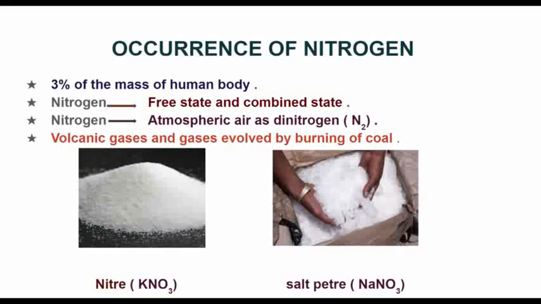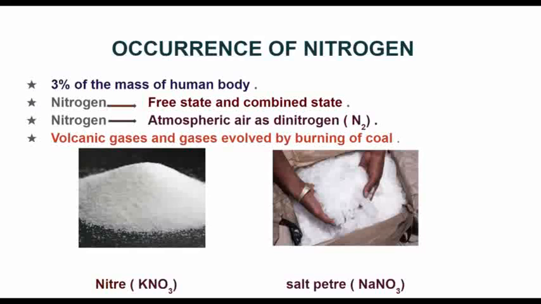Like oxygen, nitrogen occurs both in free state and combined state. Nitrogen exists in free state in the atmospheric air as dinitrogen. It is present in volcanic gases and gases evolved by burning of coal.